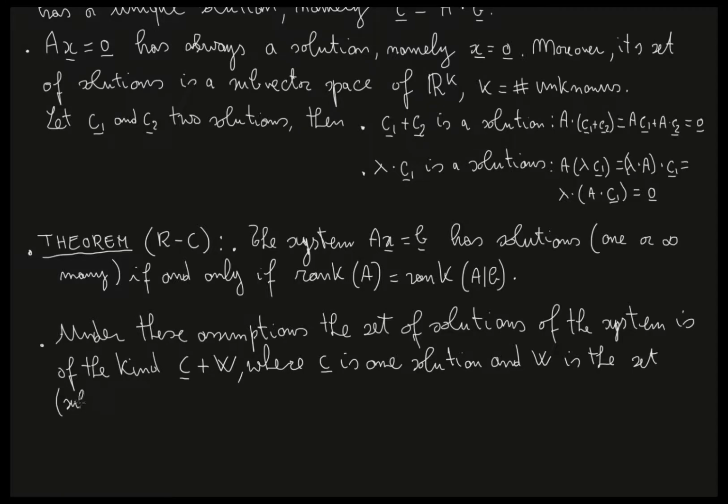Indeed it is a subvector space of solutions of the following system: A times X equals to 0. This is called the homogeneous system of linear equations associated to AX equals to B.